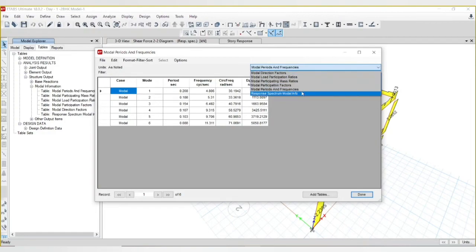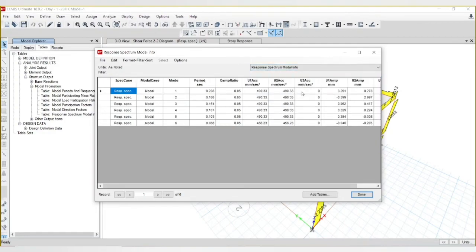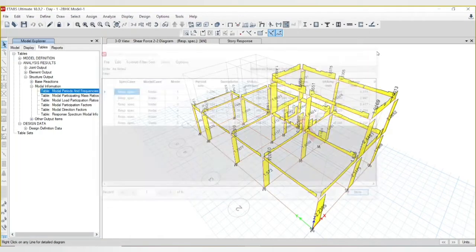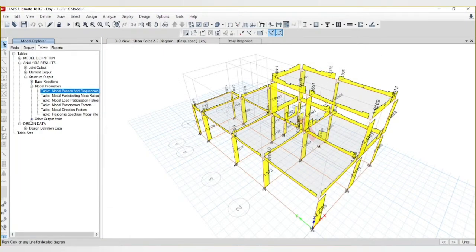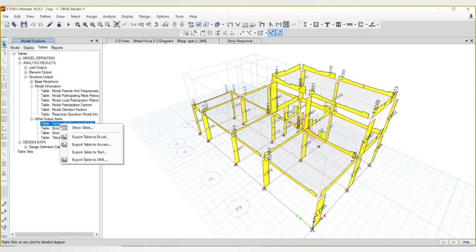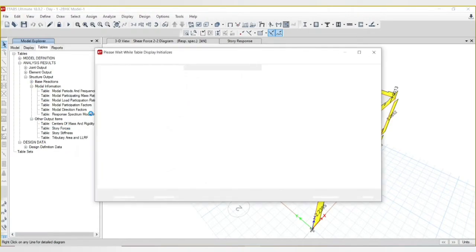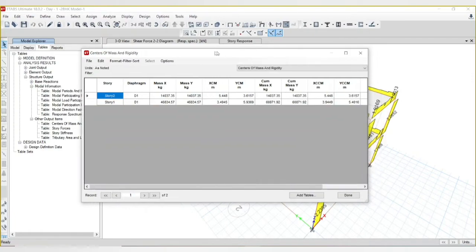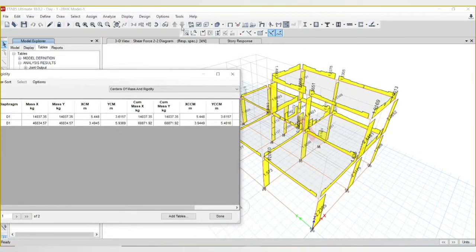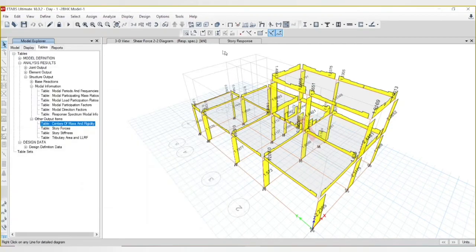These things we have already seen. Now other things, center of mass. Yes. Our structure is having a mass. Let us look into this in 3D mode.